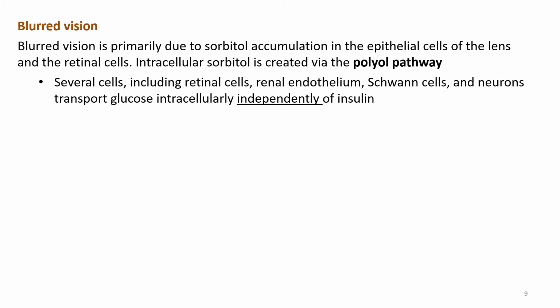All of these cells can transport glucose intracellularly without insulin. They already have enough GLUT to be able to do this without requiring insulin. And of course, you can see what's going to happen here. If we've got hyperglycemia and we've got these cells that already have some GLUTs, they don't need insulin, they are going to absorb a lot of that excess glucose from the blood.